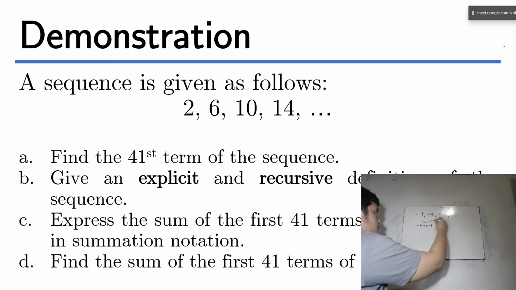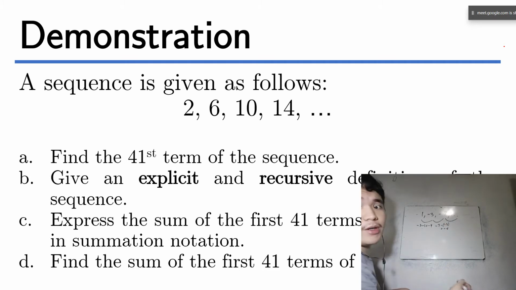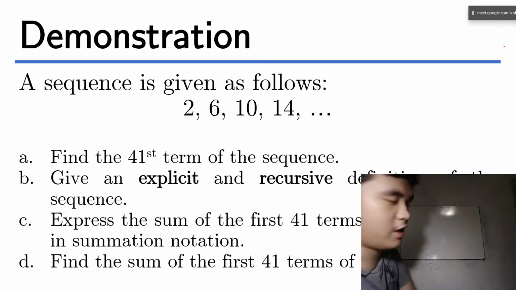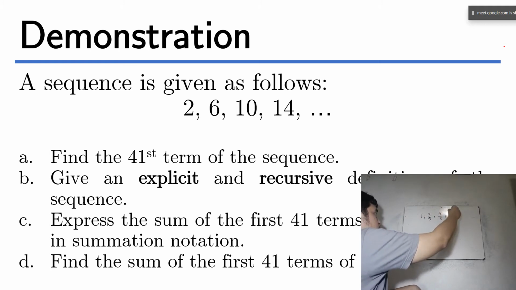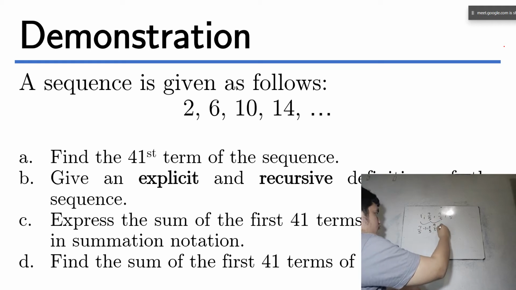Negative 7 minus negative 3 equals negative 4. It can also be a fraction. Example: 1, 7 over 5, 9 over 5, 11 over 5, and so on. Common difference: 7 over 5 minus 1 equals 2/5. 9 over 5 minus 7 over 5 equals 2/5. Just take note of that.